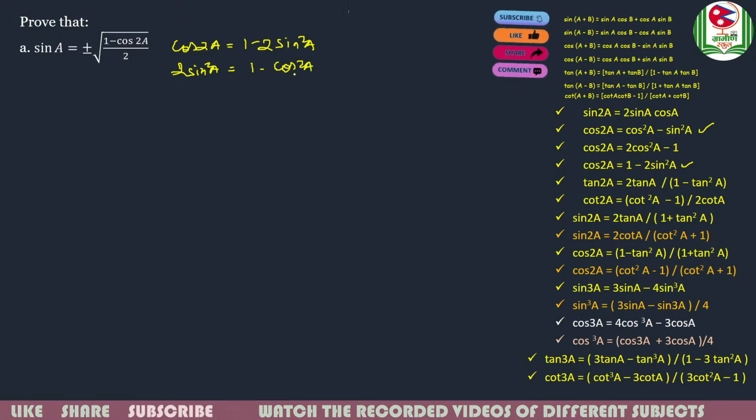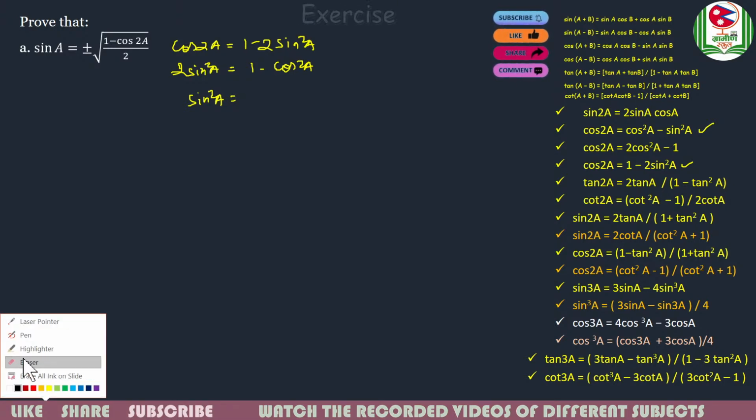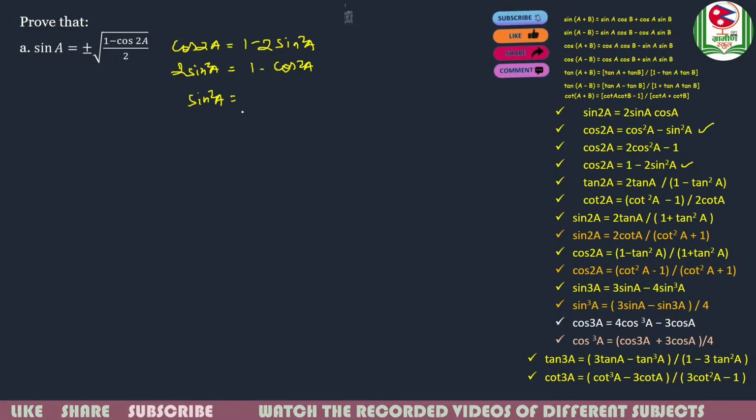So here, you can write sin square A equals 1 minus cos 2A upon 2. Therefore sin A equals root under 1 minus cos 2A upon 2.